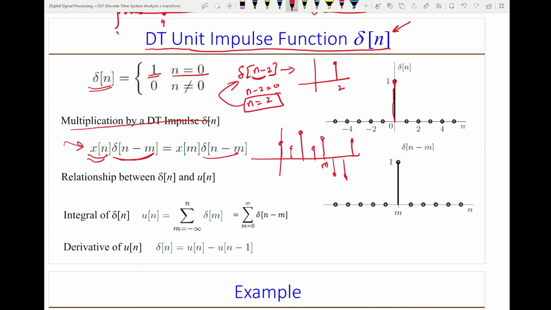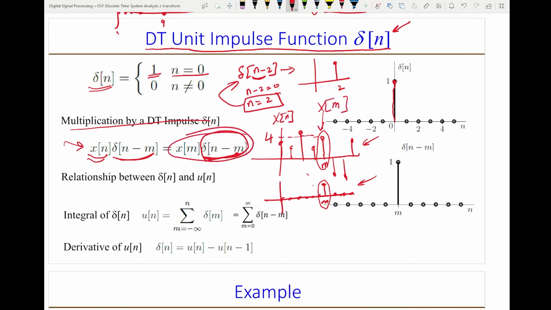So now if I multiply this signal by an impulse located at m, could be 4 or 7, and let's say this amplitude here is 4, and this is m, then everything here is 0. So when I multiply this by this, the only sample that will survive is this sample. So I will get a delta function, which is this one, and the amplitude of it will be this amplitude, which is x of m, and that's what we get.